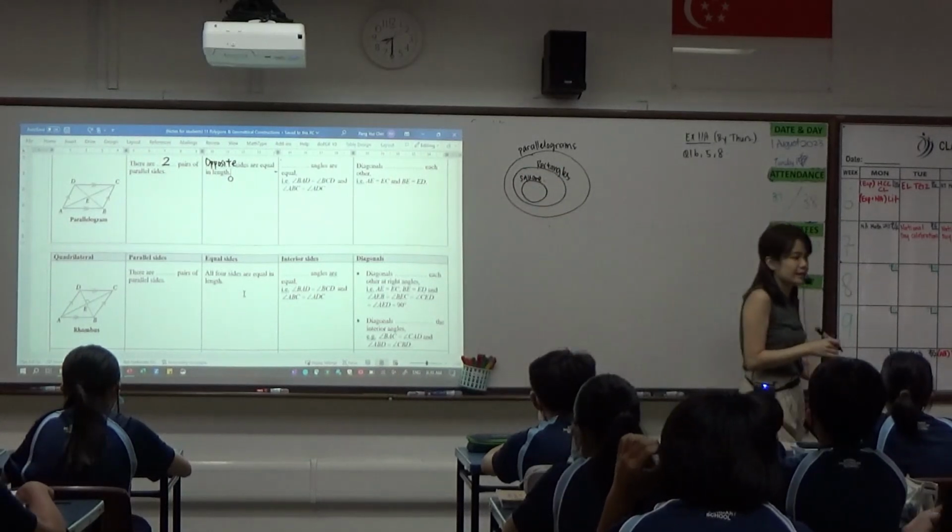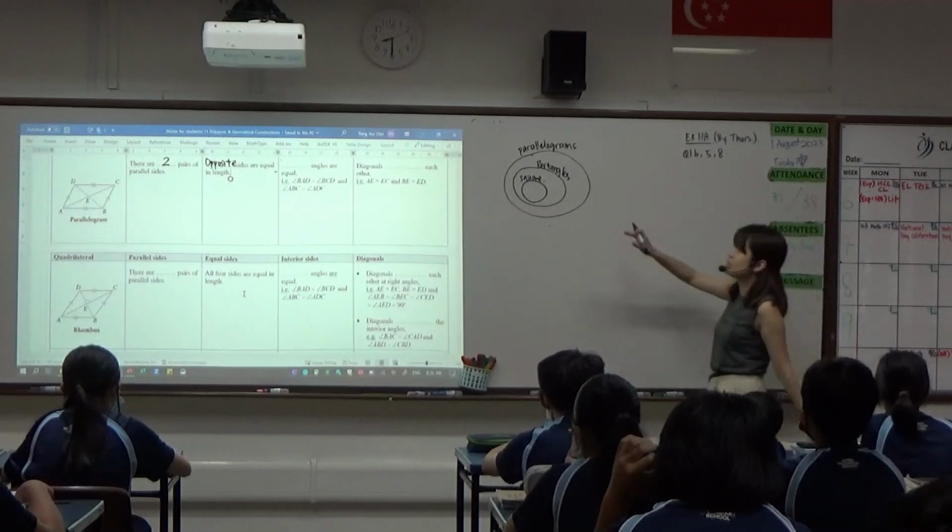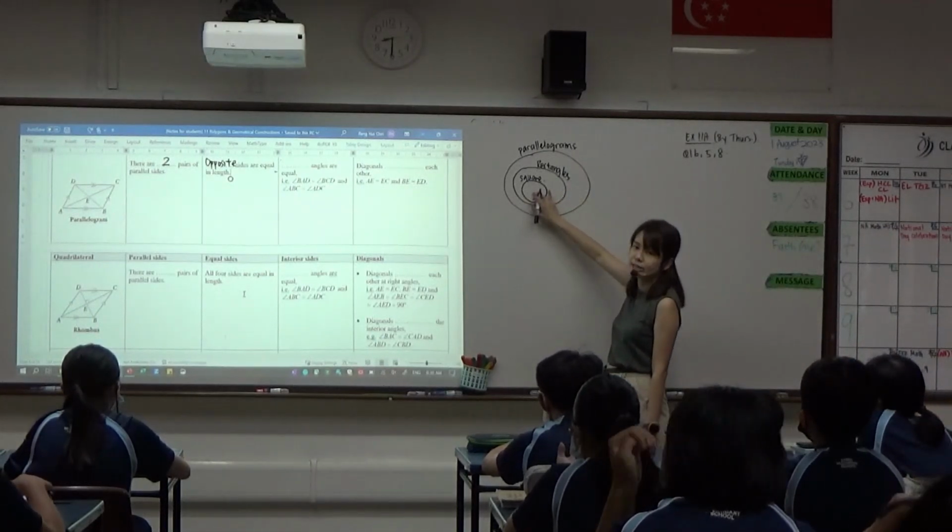So this is how we can understand the relationship between parallelograms, rectangles, and squares.